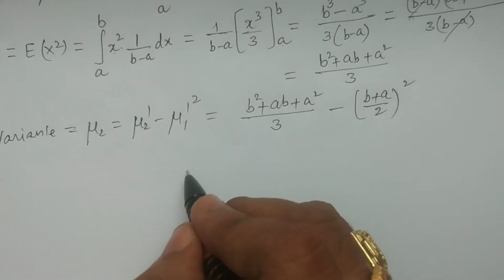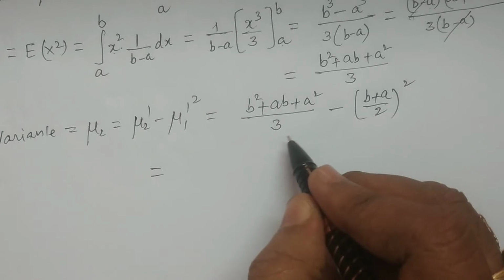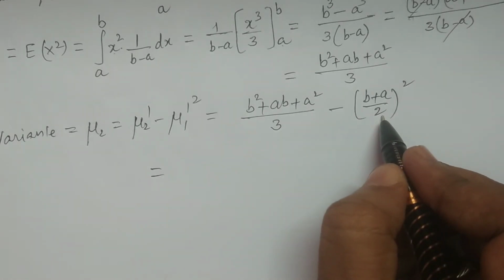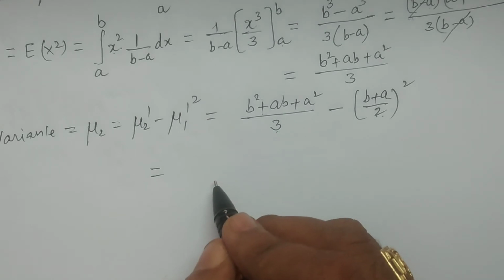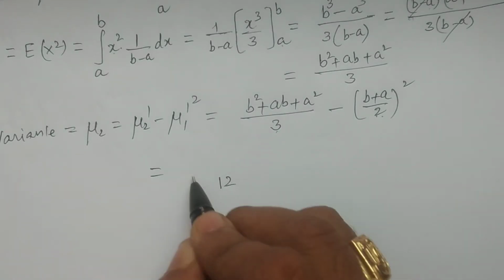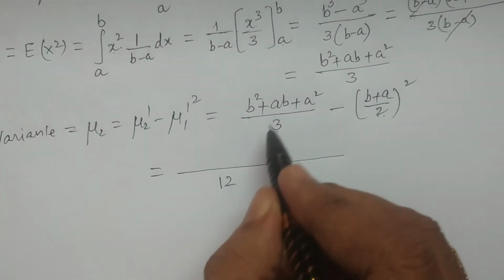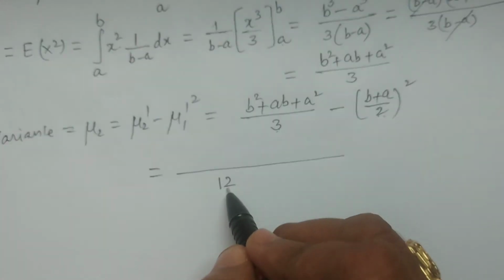If you take the LCM of 3 and 4, we can consider 12, and multiply by 4 in the first term.